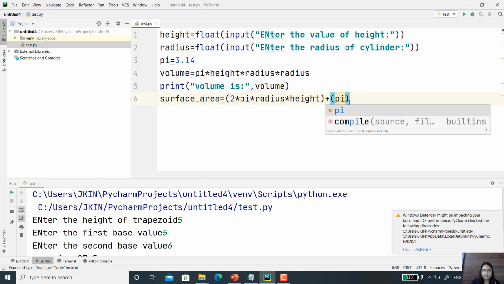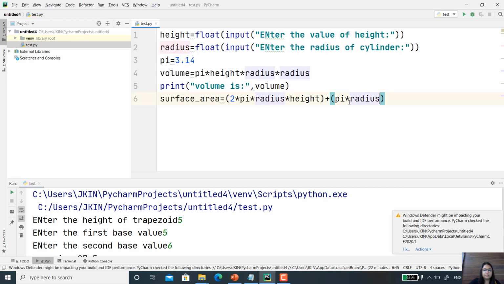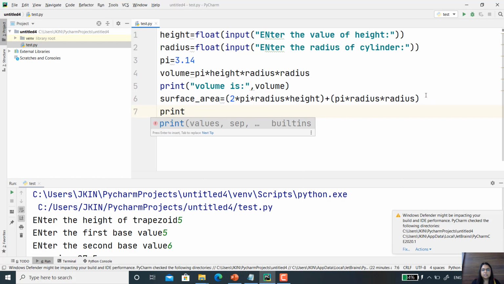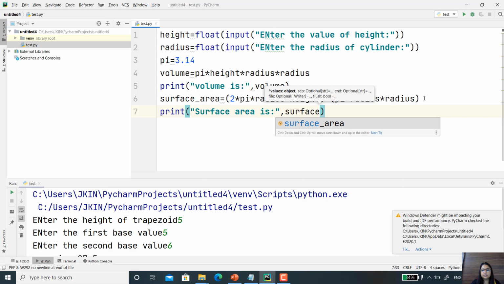So pi multiplied by radius and then multiplied by radius. Now we want to print this, surface area is, and our variable, I use the name surface underscore area.